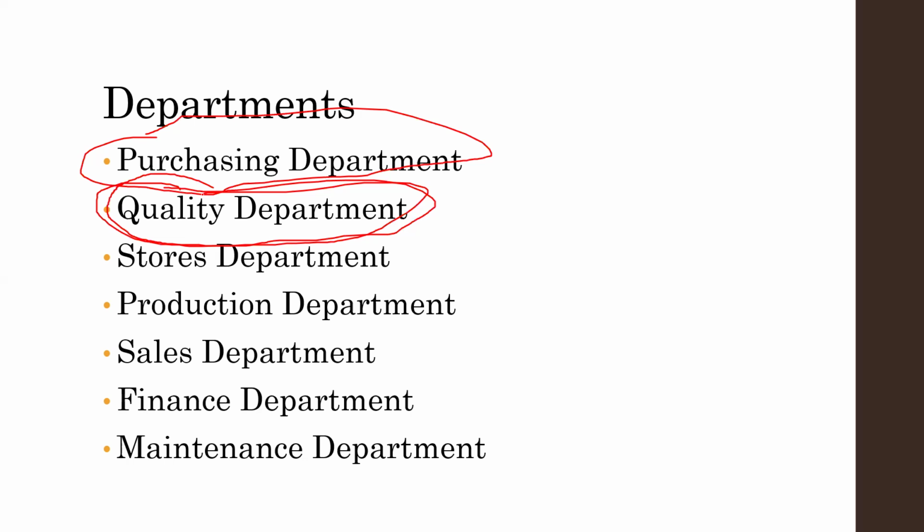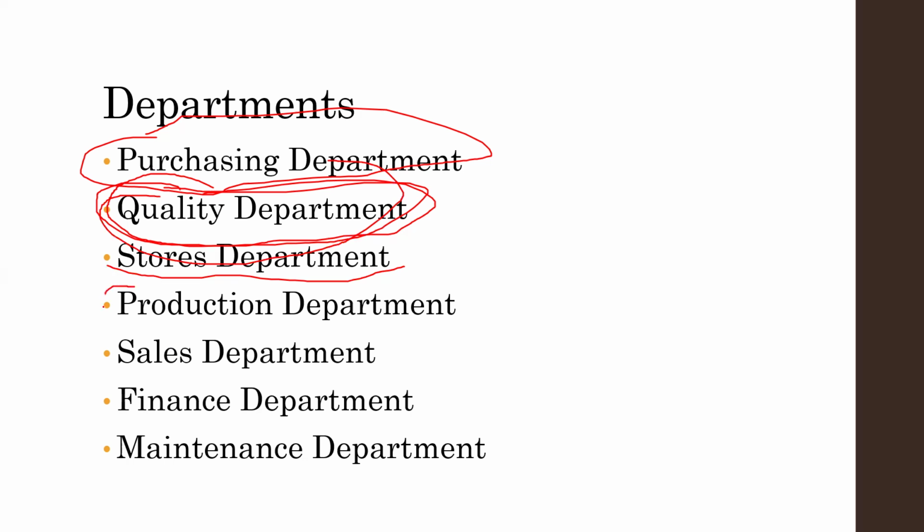Once the quality is checked, they don't have to tell the stores department to take the material and put it in the warehouse. Automatically, the stores department will get to know that the material has arrived, been inspected, and the quality is okay, and that they have to put it in the warehouse. Sharing of data to the stores department is done automatically in the ERP system. That ERP is SAP.